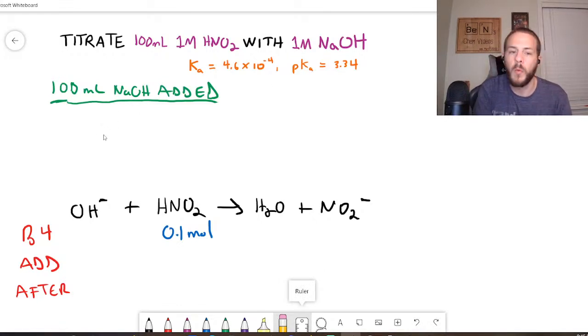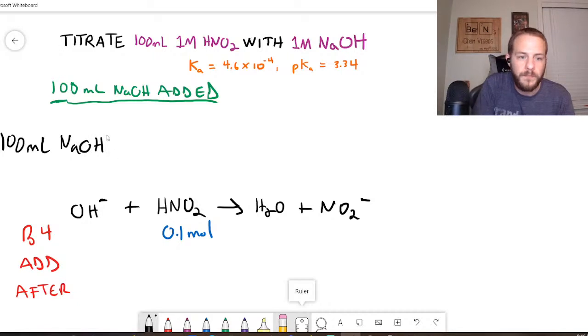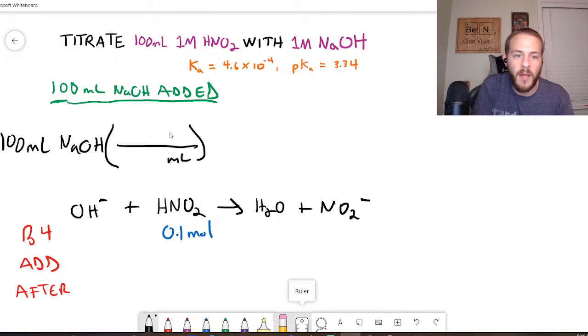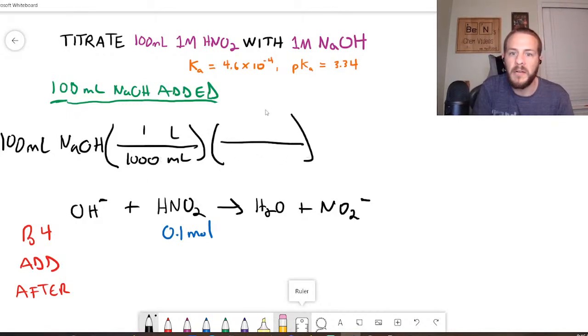All right, so we're adding 100 milliliters of 1 molar sodium hydroxide. We start out with our 100 milliliters of NaOH. We're going to convert that into liters, just as we have done previously several times, right? So we have milliliters on the bottom, 1 liter on the top, 1,000 milliliters on the bottom. Then we're going to use the molarity of the sodium hydroxide.